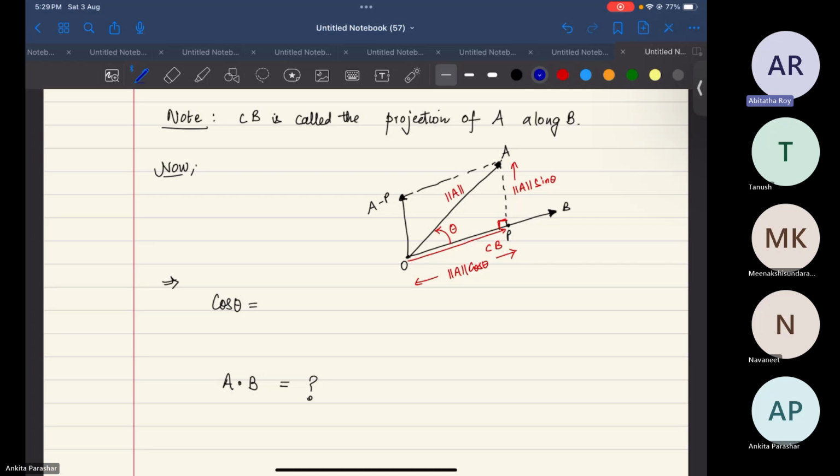The length CB divided by the norm of A. Right. This is exactly C times norm B by norm A. Now, using all these facts, can you tell me what is A dot B?